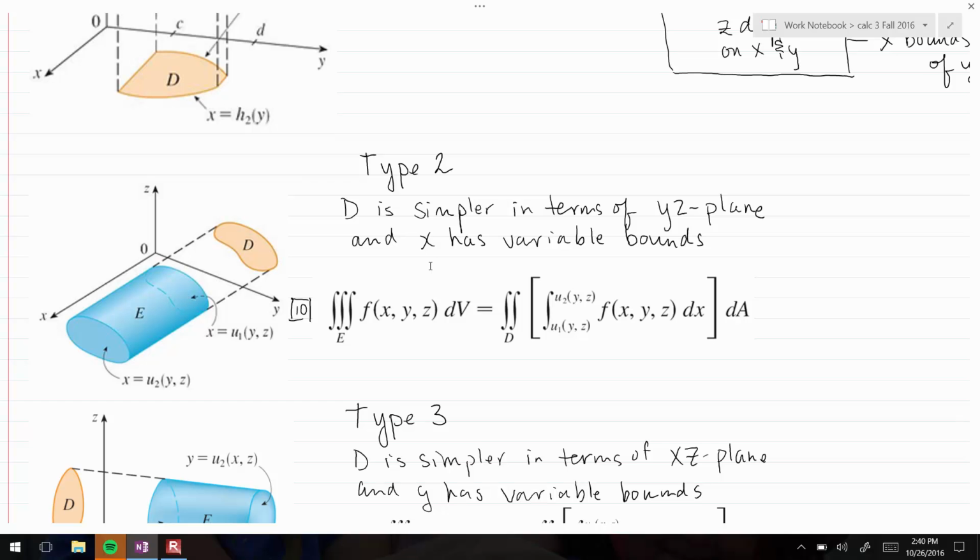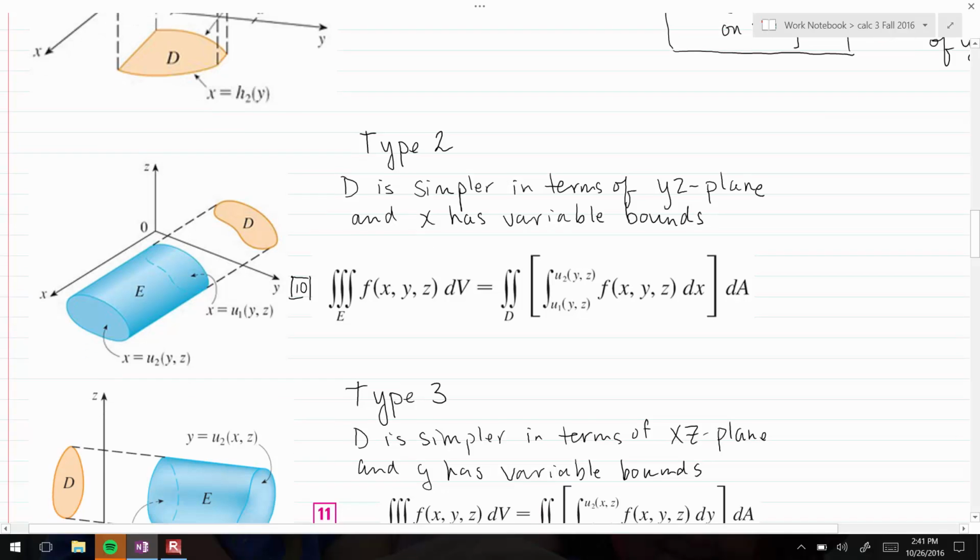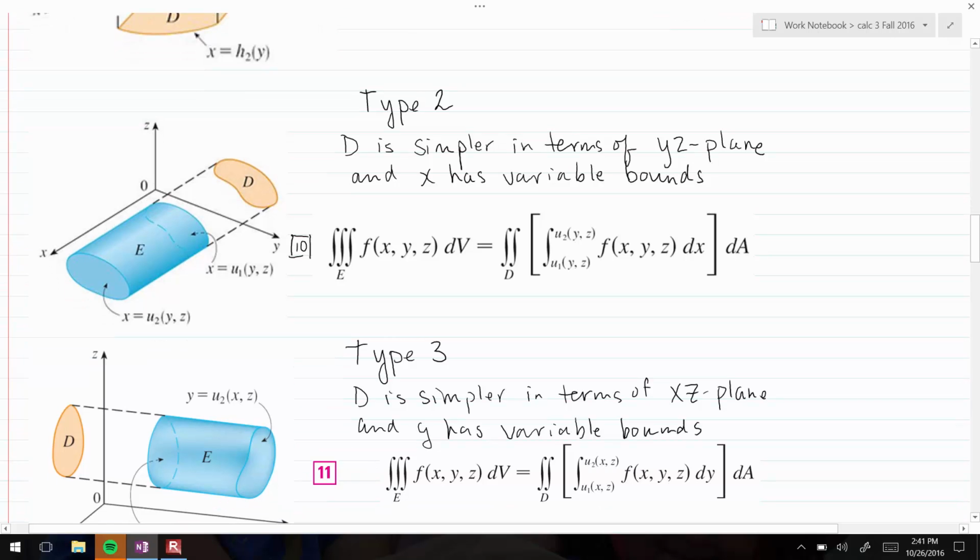We have 3 types going on here. Less natural, but having the top and the bottom surfaces defined by z is more natural. The other ways that might be helpful are first integrating with respect to x or y, and that's where it's easier to characterize x or y in terms of the other variables.